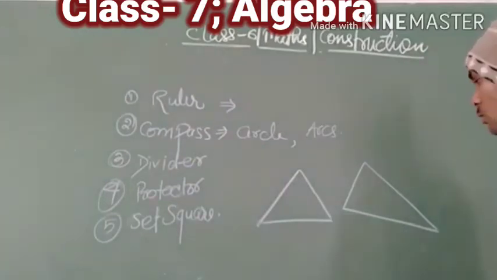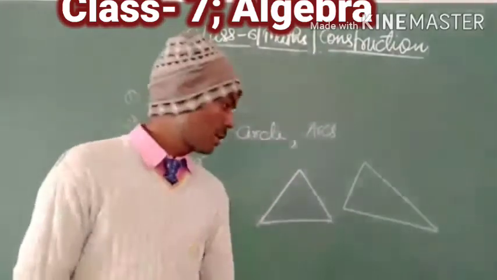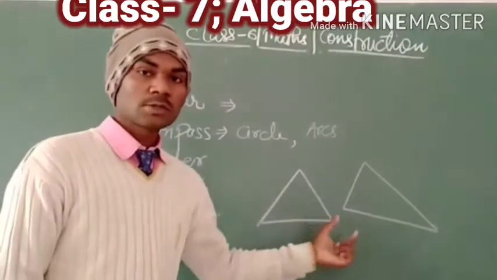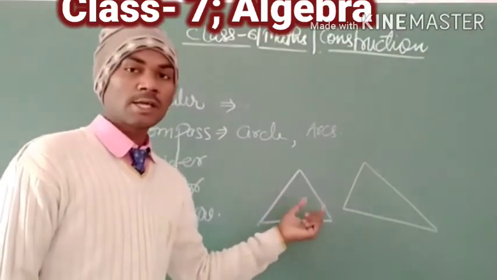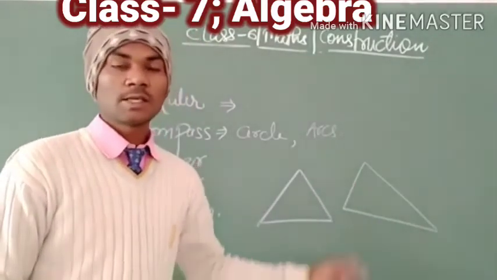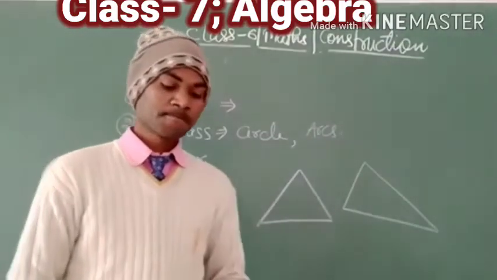So there are two types of set square, but right now I do not have a set square to show you. The set square looks like this. You can say two triangles, in which this is the isosceles and this is the scalene type triangle, and these are also used to draw angles.